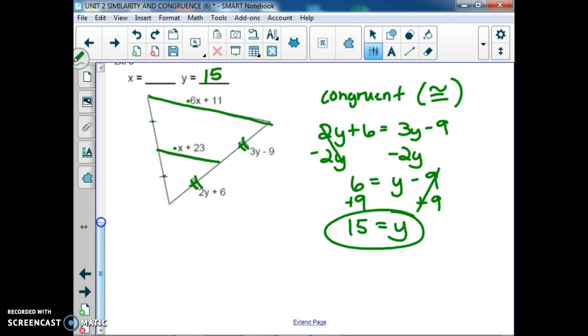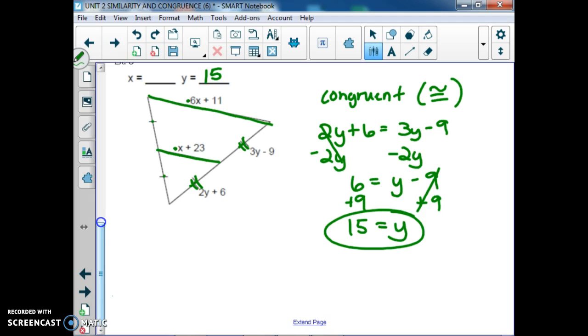Next, let's solve for x. So if I were to solve for x, I'm going to set up my equation saying that this side, the third side, is twice the length of my midsegment. I just think this way is easier, because if you do it the other way, you use the fraction. That's totally up to you. I like this way.